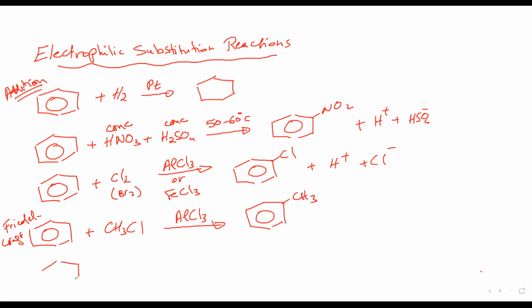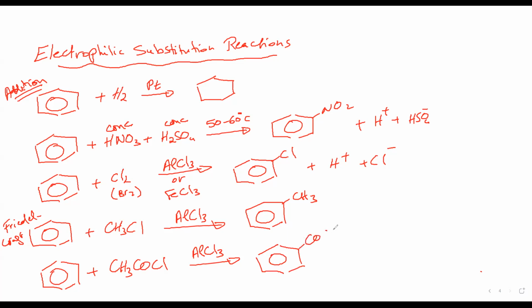Or we have Friedel-Crafts acylation, where an acyl group is added. So if I have, for example, ethanoyl chloride in the presence of aluminum chloride, we get the COCH3 group plus, of course, H positive.